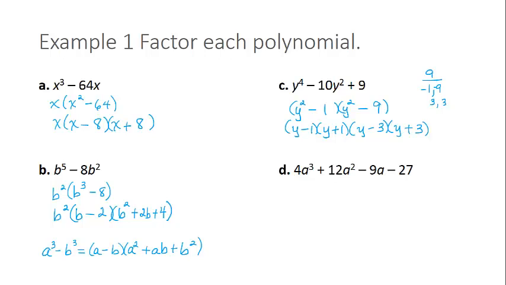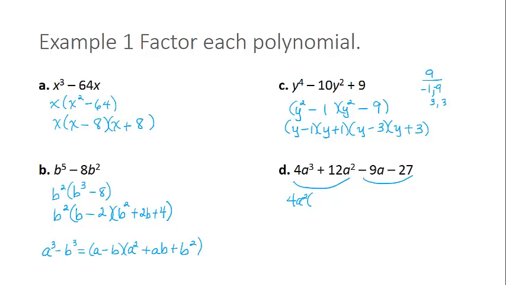The last example is 4a cubed plus 12a squared minus 9a minus 27. Note that this is a 4-term polynomial, so we apply grouping. We group together the first 2 and the last 2. And in doing that, now we look for the common factor between the first 2 terms. Between 4a cubed and 12a squared, there's a 4a squared in common.